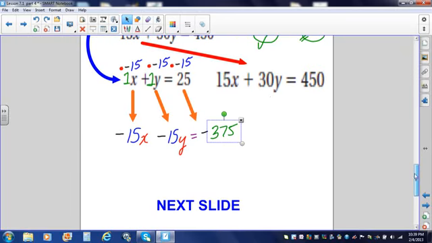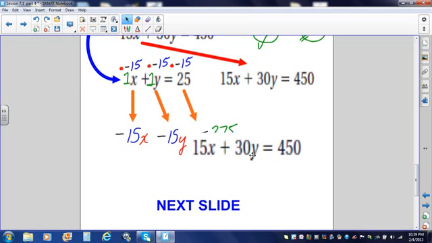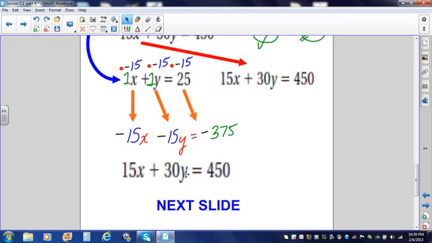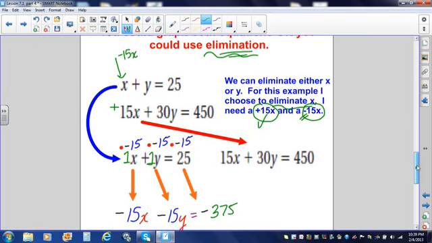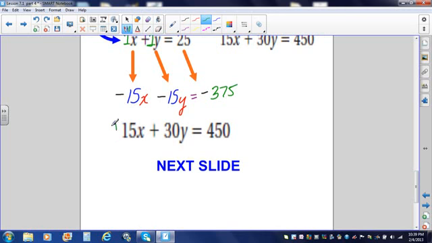Remember, I want something to eliminate, so I'm going to take this system and write it underneath. Notice that I wanted a plus 15x and a minus 15x. I have a plus 15x and a minus 15x, so I am on the right track.